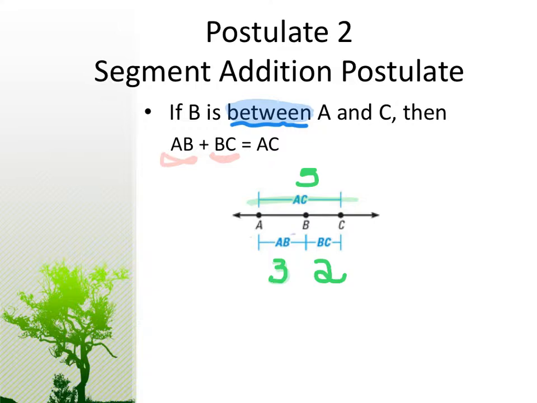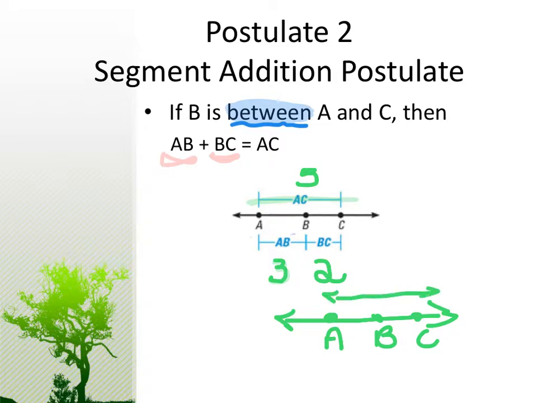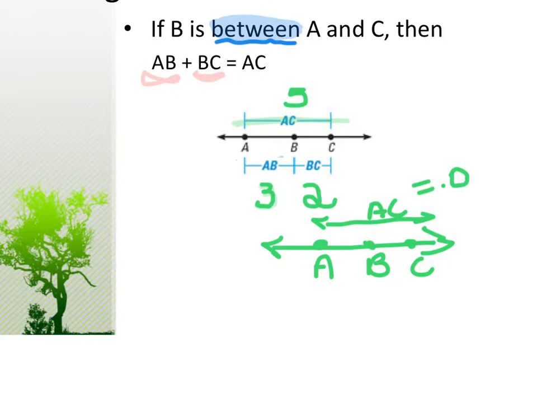So what if I told you, and let me draw a line here, AC equals 10 and AB equals 6?